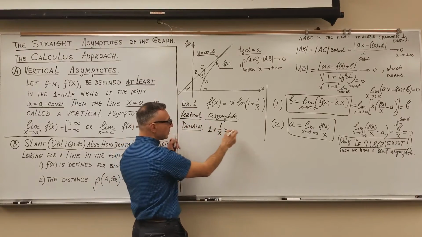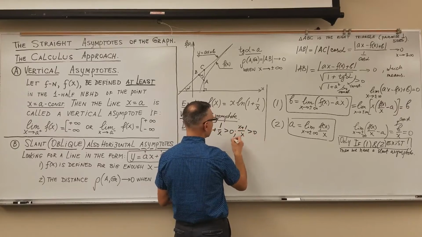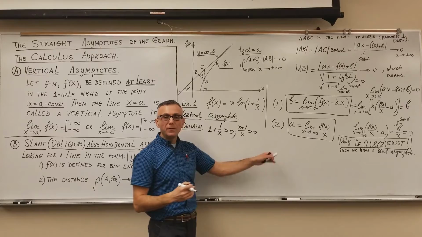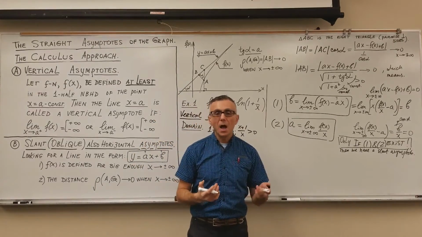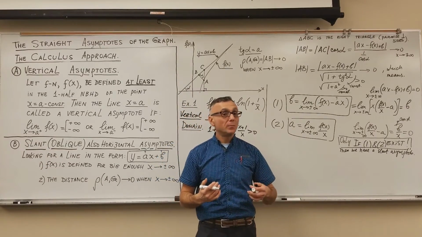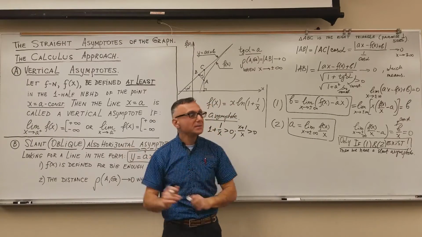Combined together, it will be (x plus 1) over x positive. So my fraction is more than 0. My fraction is positive when both numerator and denominator have the same sign. Either both are positive or both are negative.